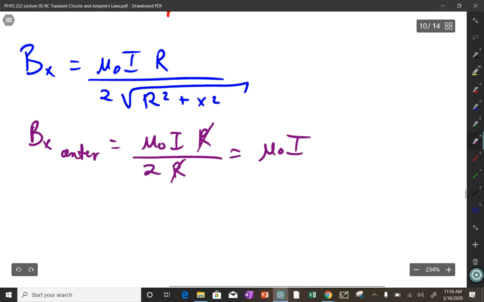Mu naught I over 2. So that's the magnetic field at the center of a loop carrying current I and having radius R. Where's R in my equation now? It's not there. It doesn't matter apparently. So that's the magnetic field in the center.